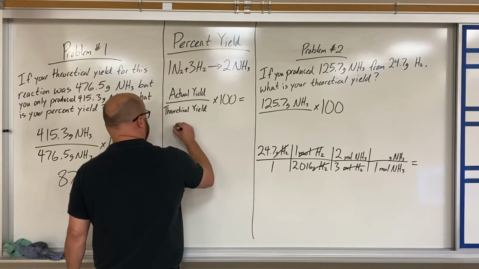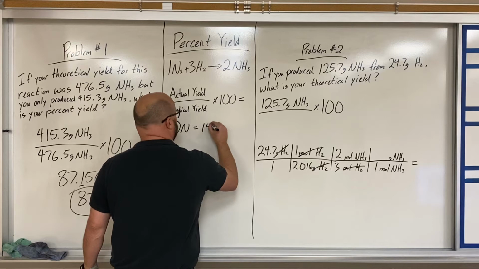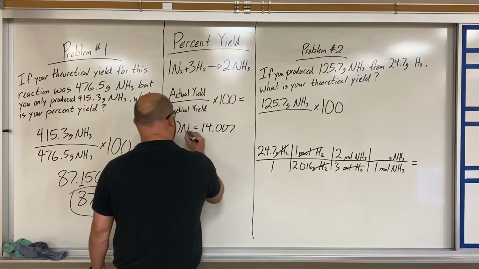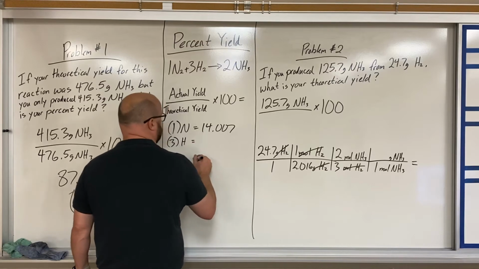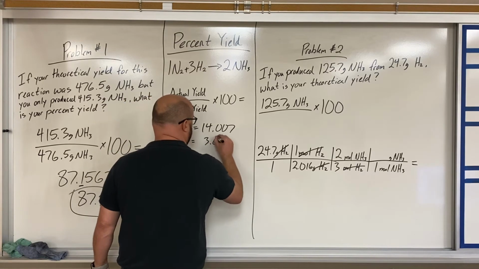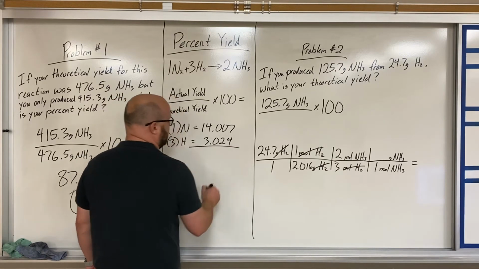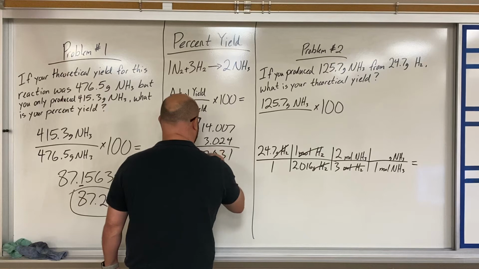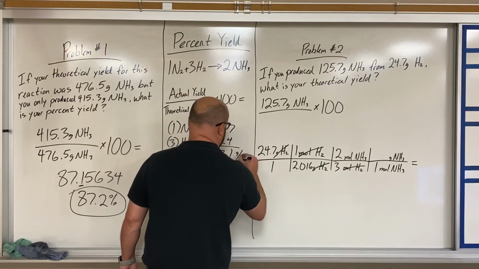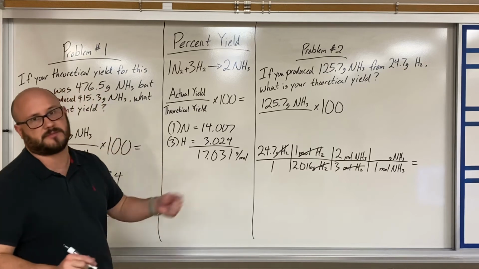We've got 1 nitrogen, 14.007, and 3 hydrogen, which is 3.024. Add those together, 17.031 grams per mole.